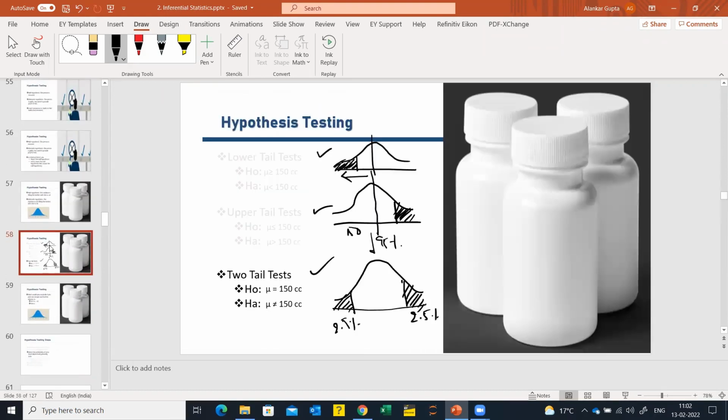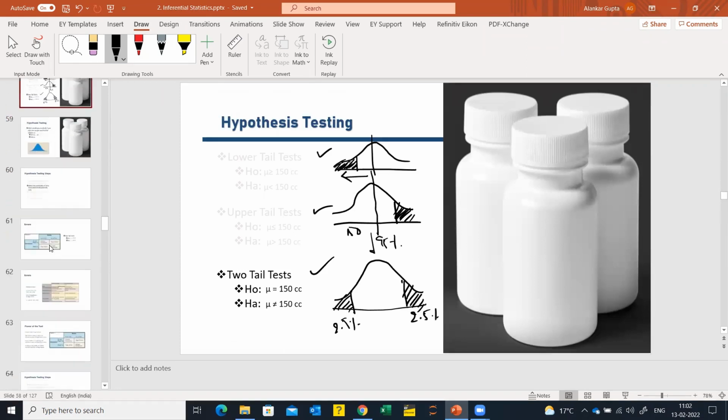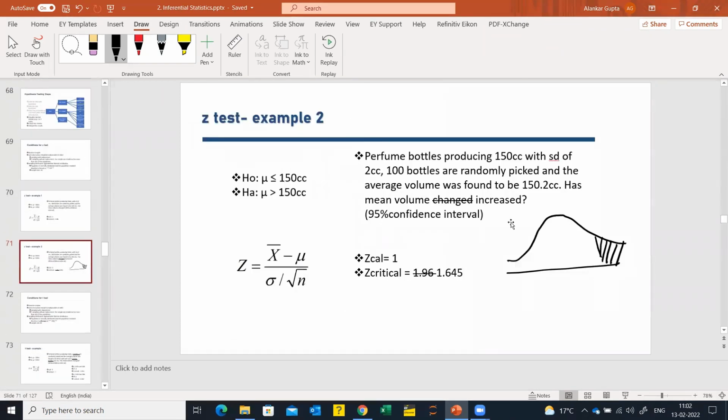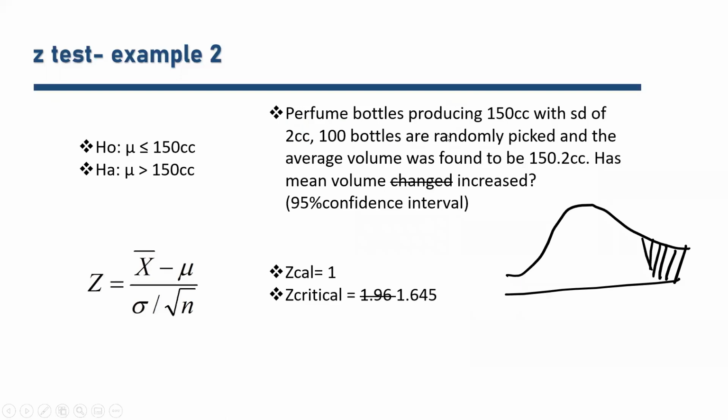We are looking into the upper tail test. So from the upper tail test, you can understand the Z critical value is again going to be the same because nothing has changed with the data.